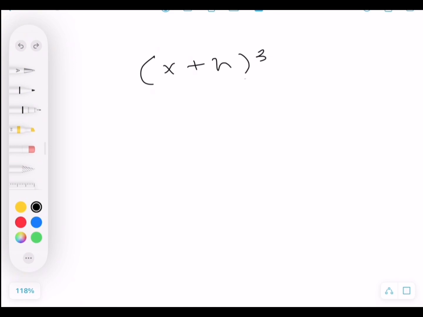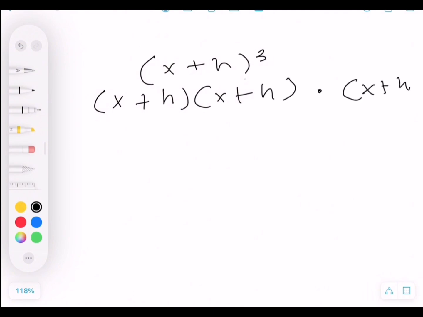Since this isn't a square of a binomial, we should do the FOIL method first, because as you can see here in its expanded form, you will have this. So you will first get the FOIL of the expanded form of x plus h squared, then you multiply it with x plus h.